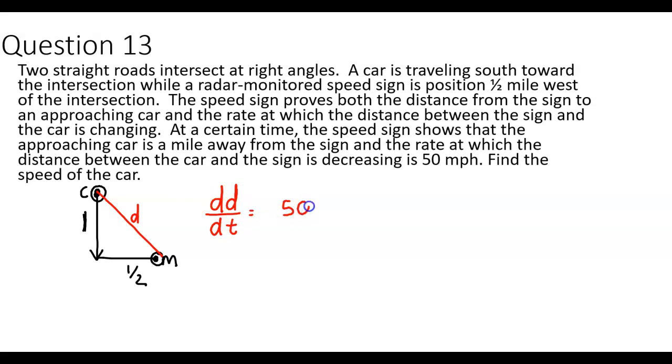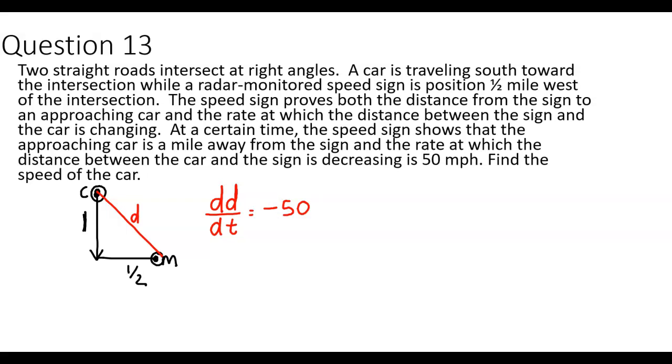Now, question for you. If the car is traveling towards the intersection, do you guys think that d would be increasing or decreasing? I think d would be decreasing, okay? As you come here, now it's only that far away from the sign. As you're here, it's there. So as you guys can see, every time the car gets closer to the intersection, the distance between the car and the sign is decreasing. And so the significance of that is that means we're going to give that a negative 50 there, okay?